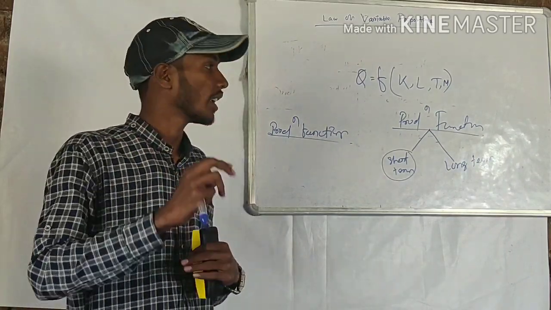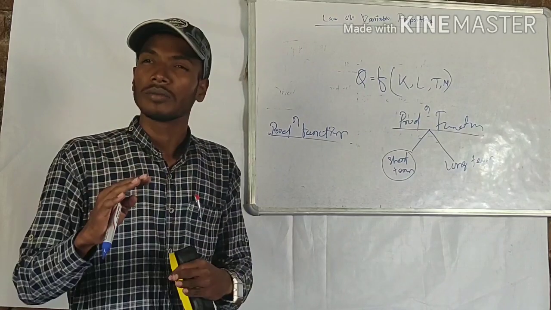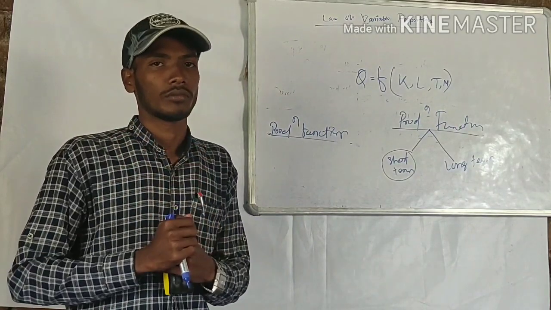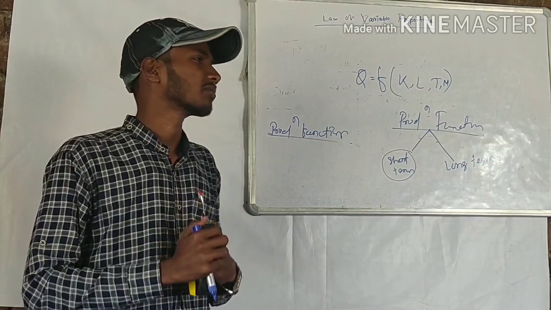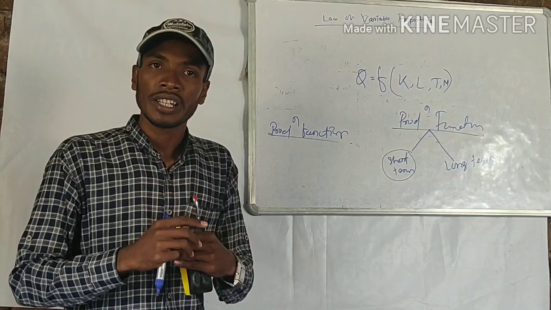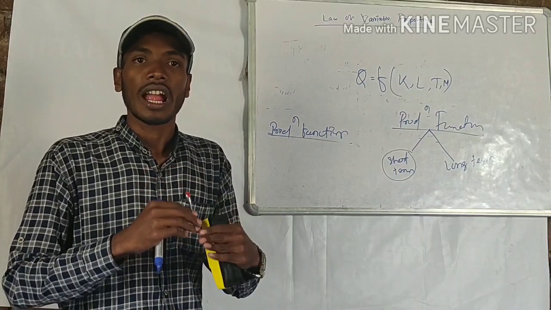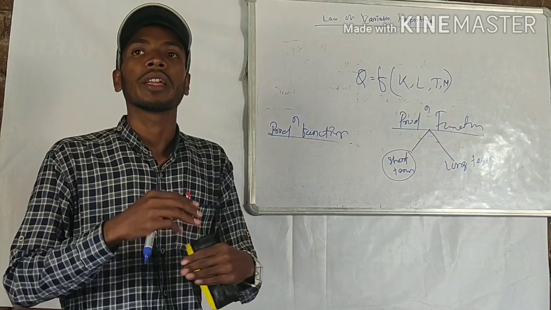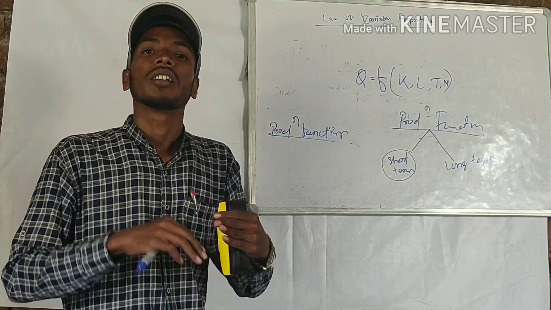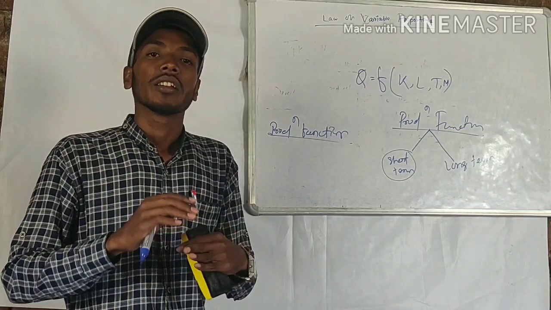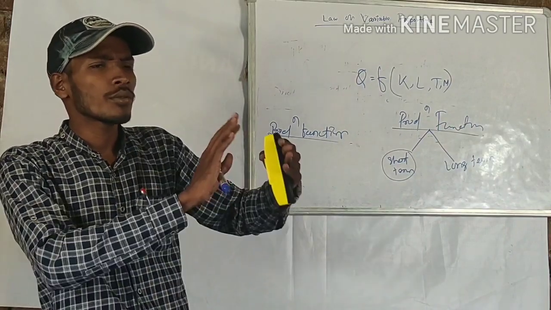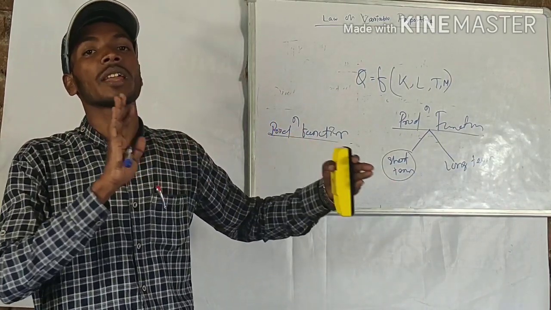Here we may increase the level of output by using all factors, and these factors may be increased combinedly, simultaneously or proportionally. Because here the time period is too long, it is a long gestation time period.